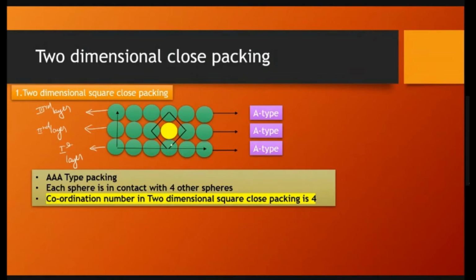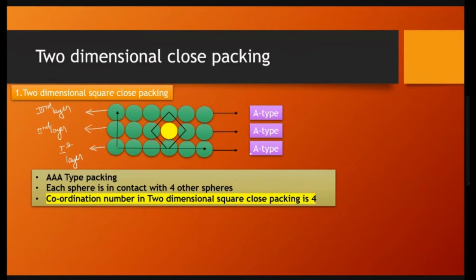So all these layers are identical. There is no differentiating point. You can't differentiate them from each other. All are identical spheres, and they are aligned in a horizontal way and vertical way in a similar fashion.